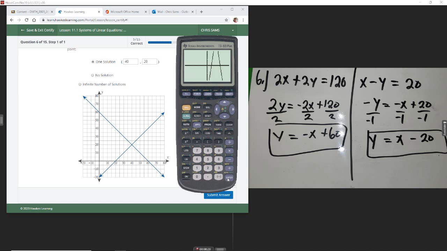As long as the intersection happens within the range of the viewing window, it will put out your answer even if you can't see it. So you can make it to where you can see it, but if you make x big enough, your x-axis, it will pick it up no matter whether you see it or not. Okay, so 40 and 20 are our solutions here.